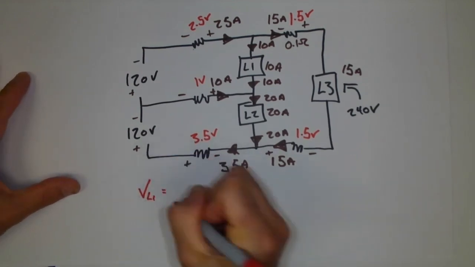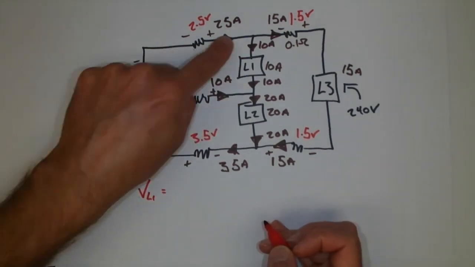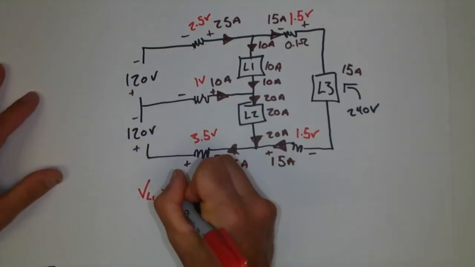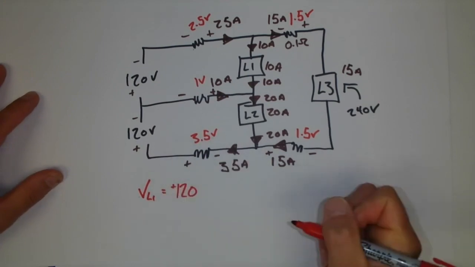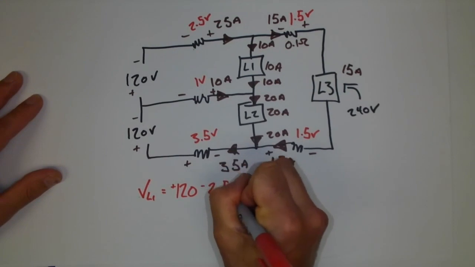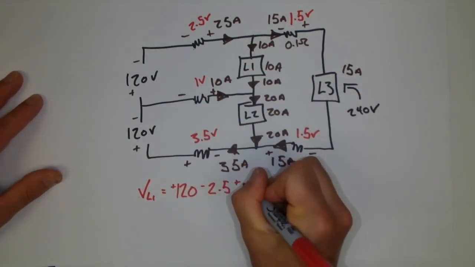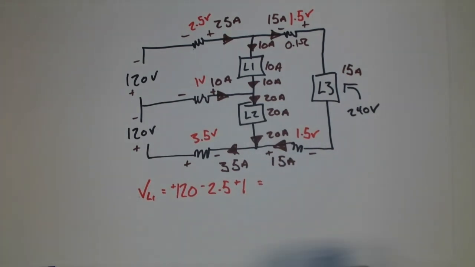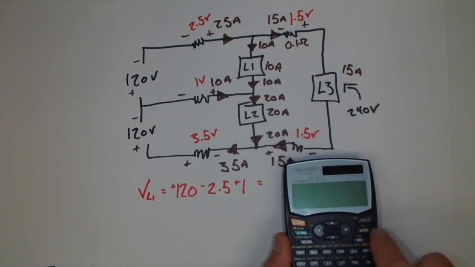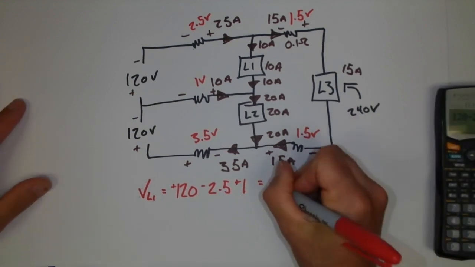Voltage, load one, is equal to, going through a closed loop inside here, 120 minus 2.5. We come along the bottom, plus 1. So 120 minus 2.5 plus 1 equals 118.5.